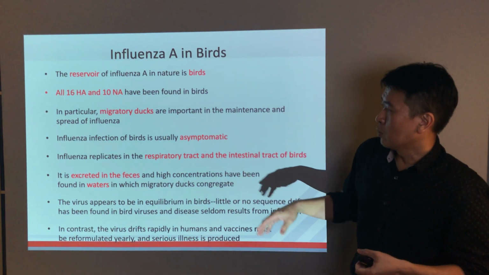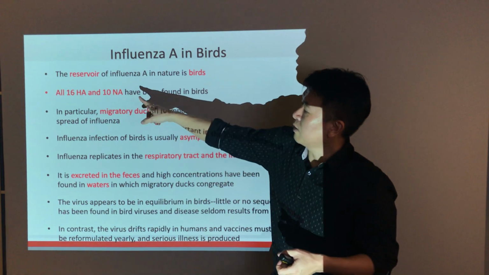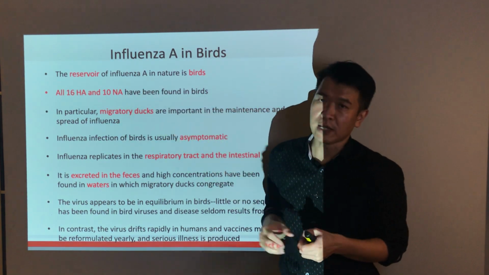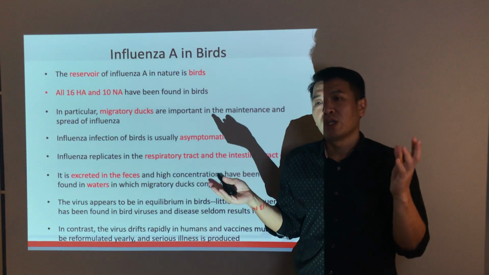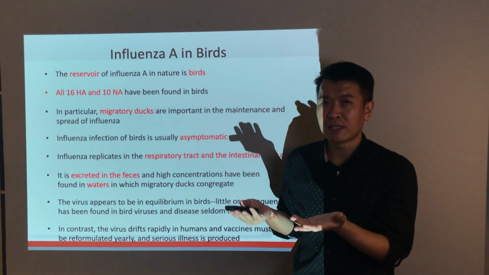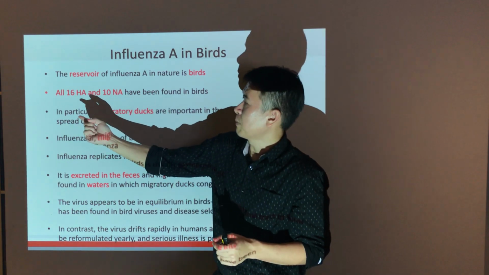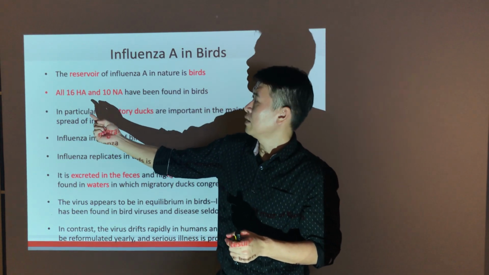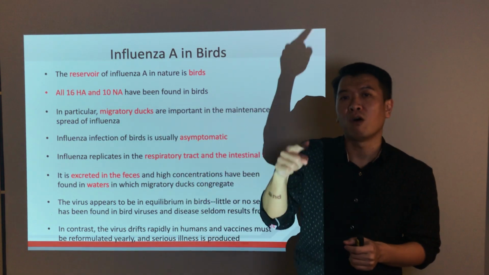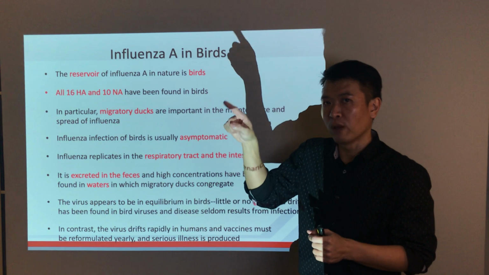Unfortunately, the birds contain all the 16 subtypes of HA and 10 subtypes of NA. H1N1 means that you have subtype 1 from HA combined with subtype 1 from NA. That's why it's called H1N1.